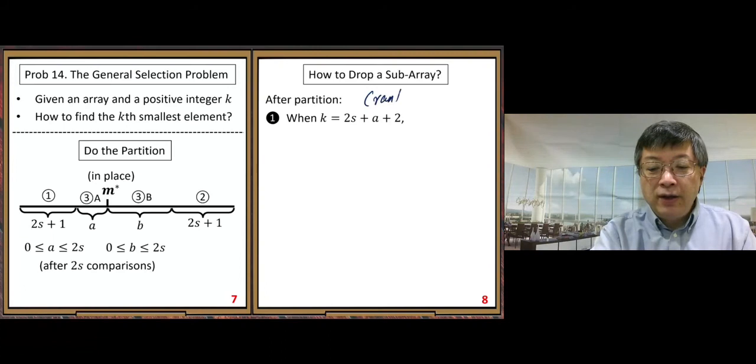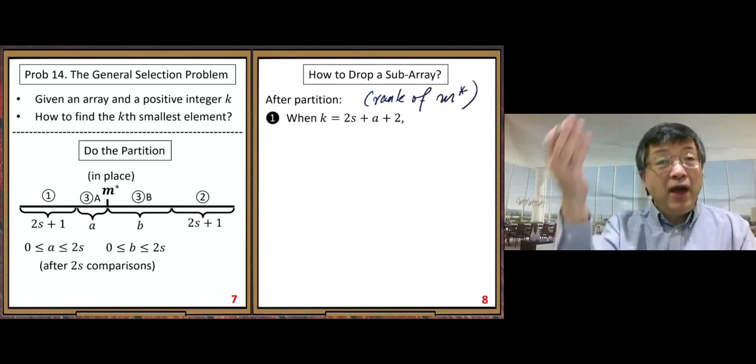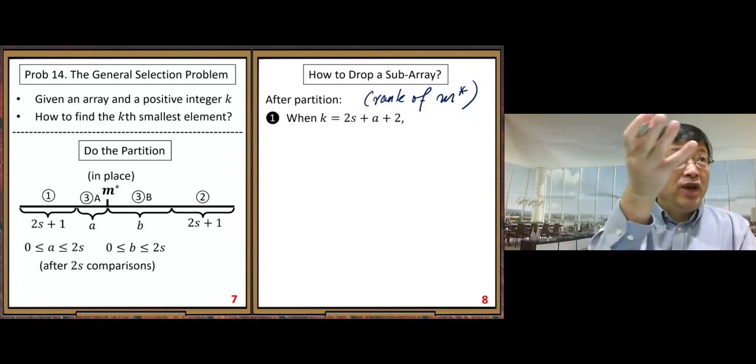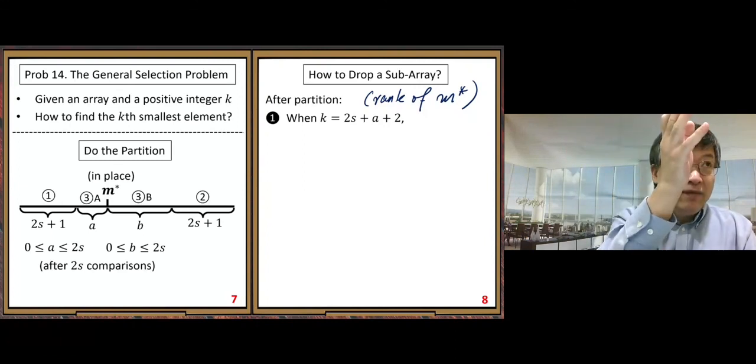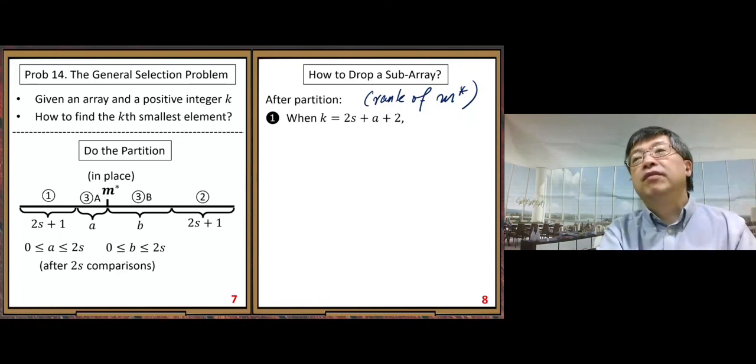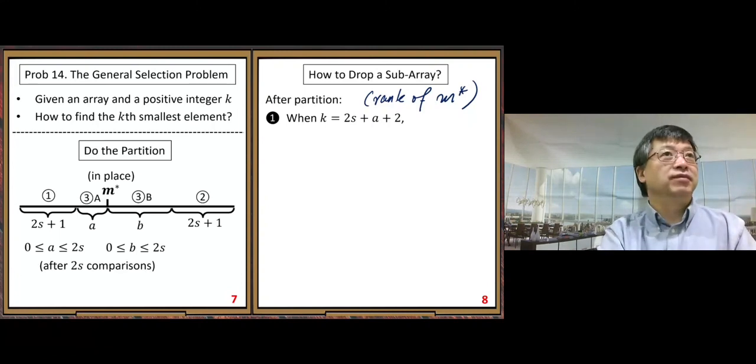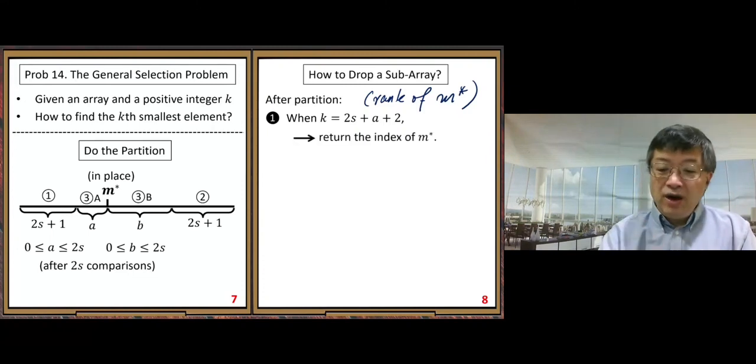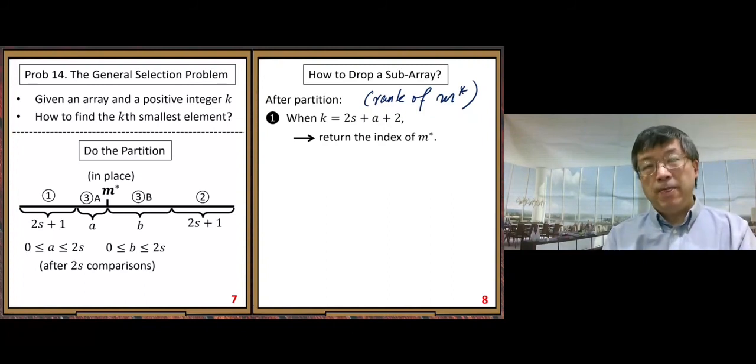So the rank of M star. Then we find the location of the element. So the solution is to return the index of M star. That's the solution. The easiest.